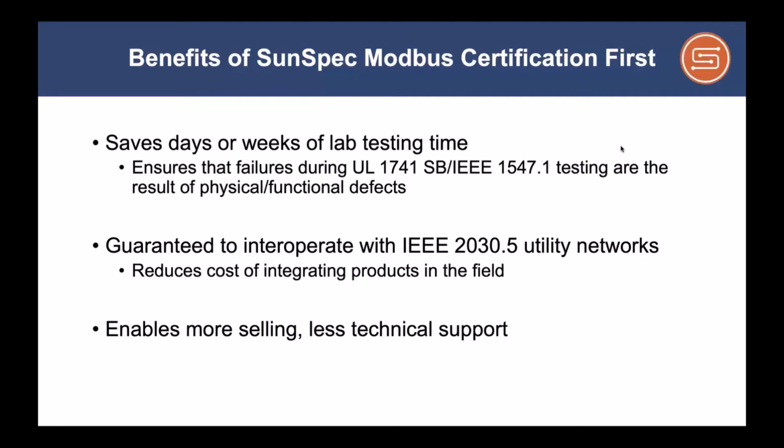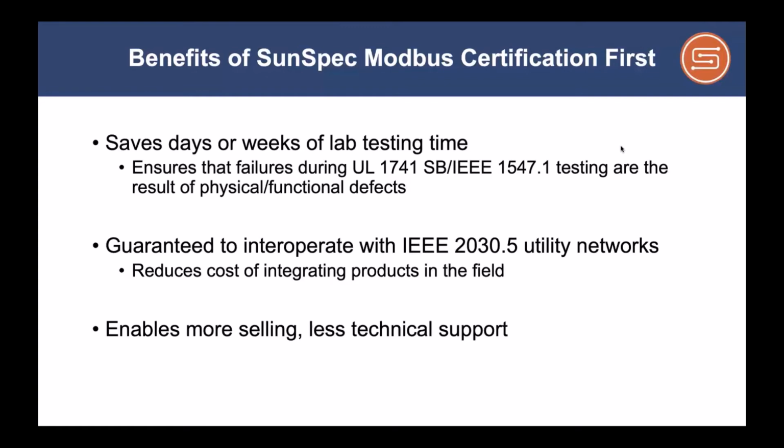The second benefit of getting SunSpec Modbus certification in the first place is that you are then guaranteed to interoperate with IEEE 2030.5 utility networks. This sounds like a funny statement: if you certify to one protocol, that guarantees interoperability with another protocol. But there's actually a logic to it, and that is that these two protocols carry exactly the same information, and they've been designed to work together.